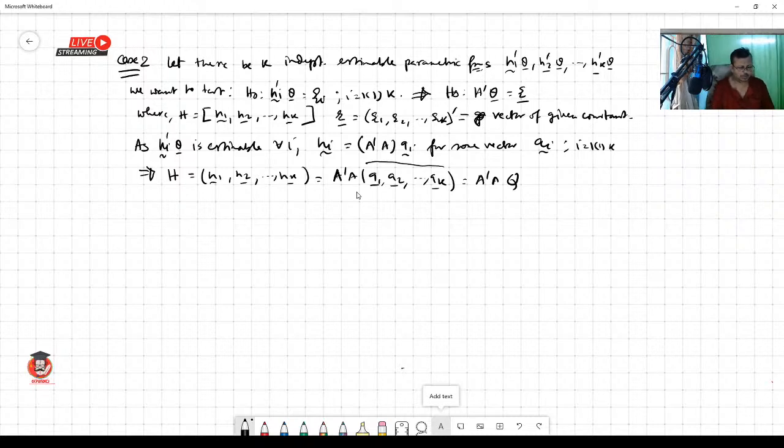The BLUE of hi curl prime theta curl is given by qi curl prime a prime y curl, i from 1 to k.